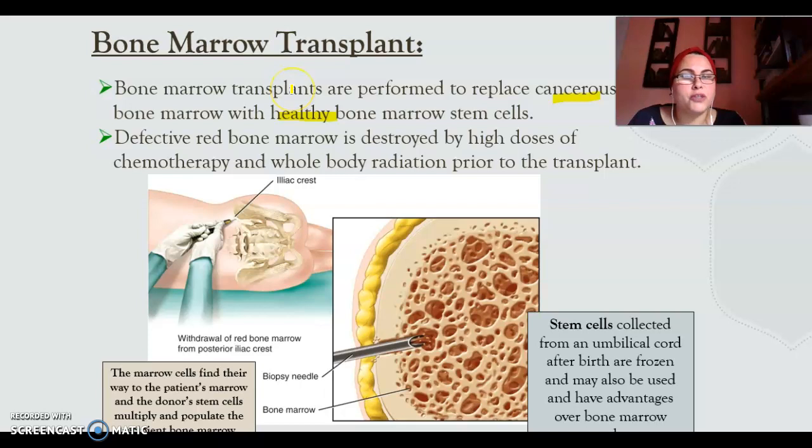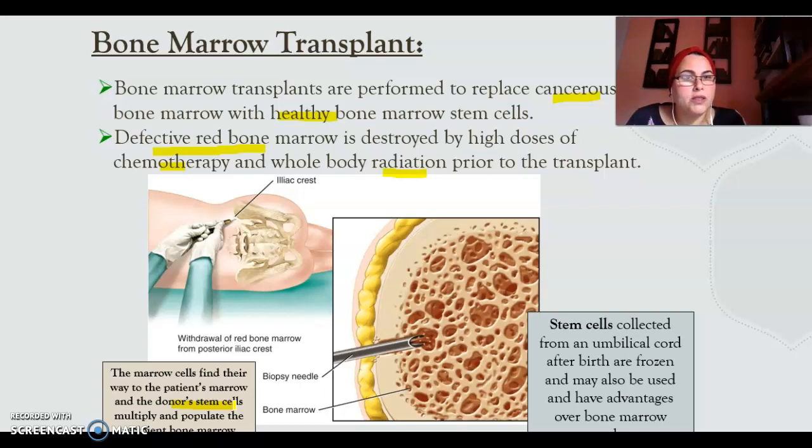And then, before starting the process, the defective red bone marrow is destroyed by high doses of chemotherapy and whole body radiation prior to the transplant, to make the area ready to accept the new healthy bone marrow cells and to suppress the immune system of the recipient so he cannot fight this new red bone marrow. The marrow cells will find their way in the patient's marrow, and the donor stem cells will multiply and populate the recipient's bone marrow.